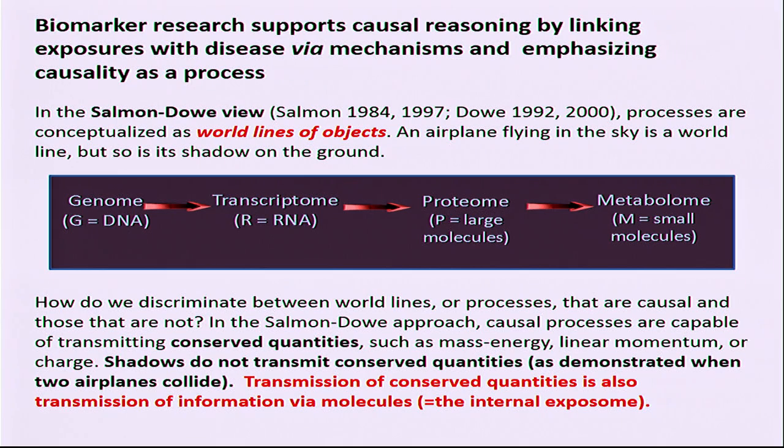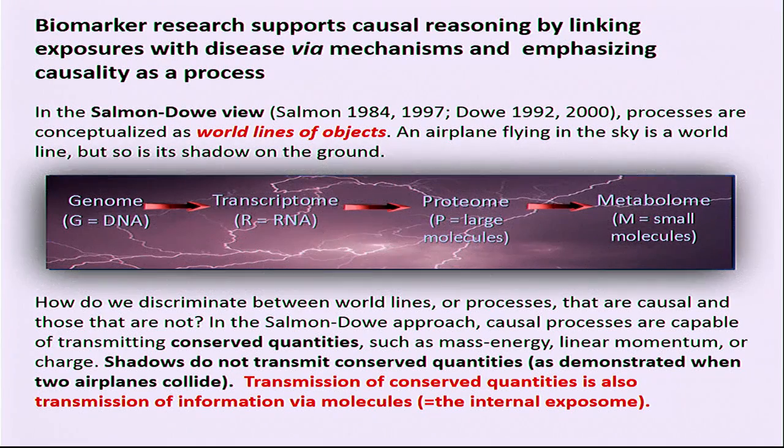It is the transmission of information, in fact, from outside the body to inside the body through changes in molecules and through a chain of changes that goes from the genome to the transcriptome to the proteome to the metabolome. And changes in the genome could be inherited, highly penetrant variants, they can be mutations, they can be epigenetic changes, and so on. So we believe that the concept of transmission of information is key to understand how to connect external exposures with the internal exposome.